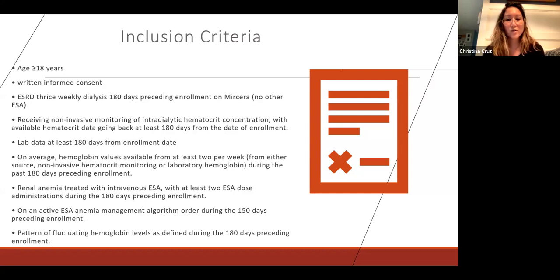Also, renal anemia treated with ESA with at least 2 ESA dose administrations. Also on an active ESA anemia management algorithm as well.